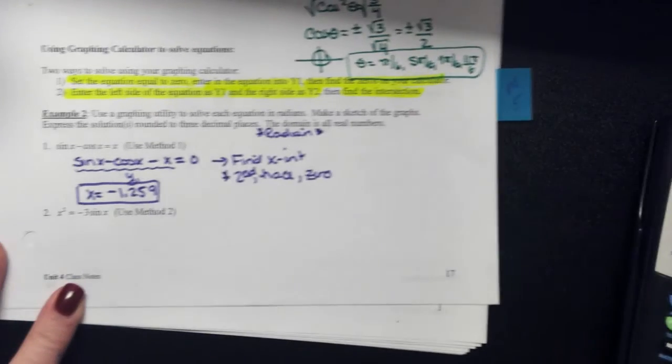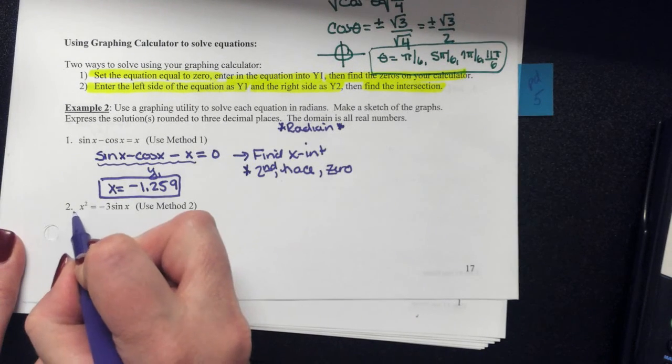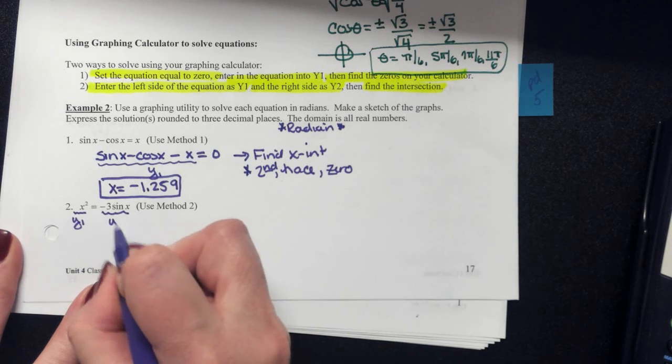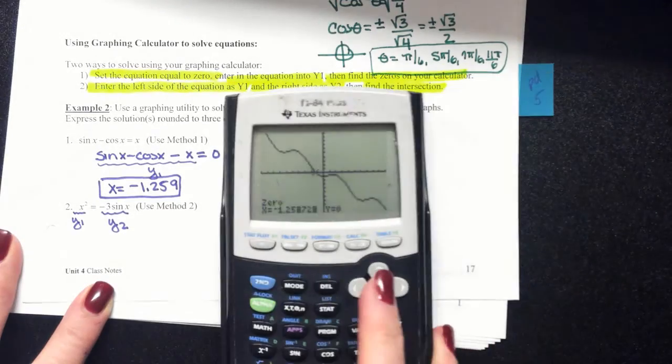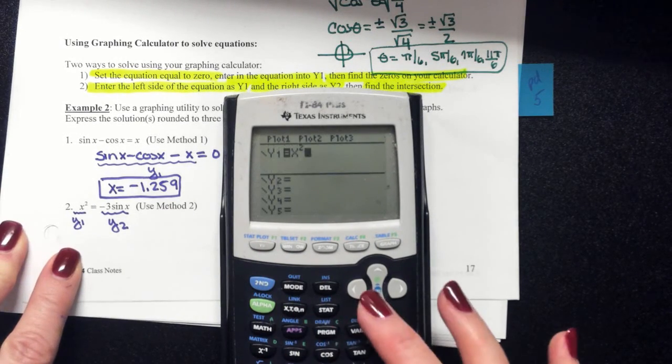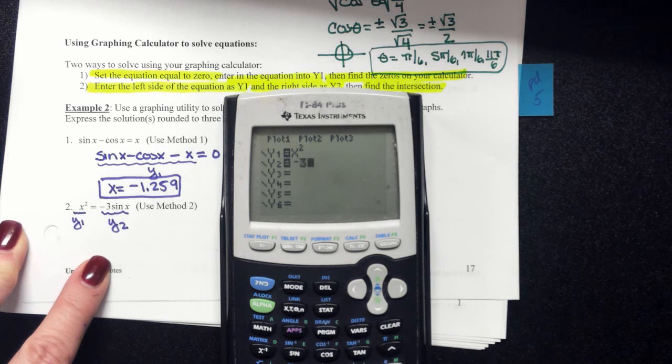The other method would have been you take what's on one side of the equation and you load it under y1. You take what's on the other side and you load it under y2. So I'll hit my x squared under y1, negative 3 sine x under y2.